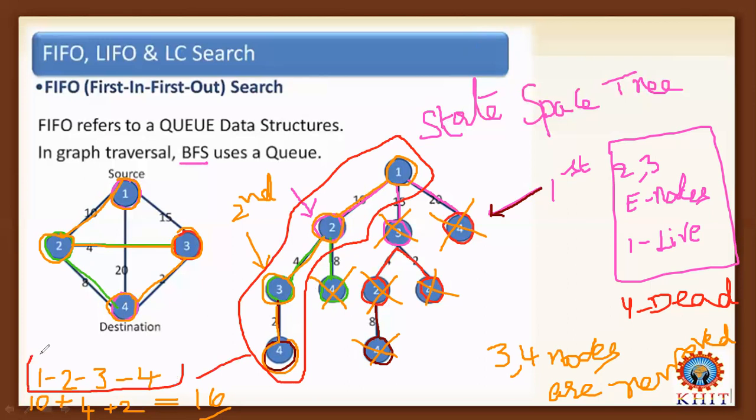This is the answer path. This is the solution for the given tree. The remaining nodes are to be discarded or removed because these are not producing the optimal solution. Students, hope you clearly understood the concept of searching the shortest path by using first in, first out.